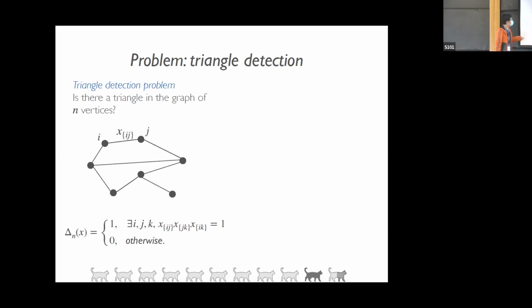The Boolean function will output 1 when there is a triangle, and these variables indicate whether the 2 vertices i and j are adjacent: 1 if they are adjacent, and 0 otherwise. So this defines a Boolean function, and the problem is to determine the approximate degree of this Boolean function.